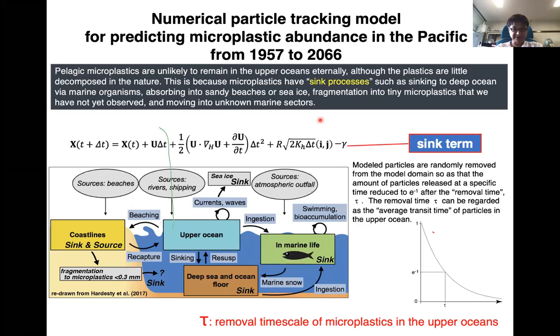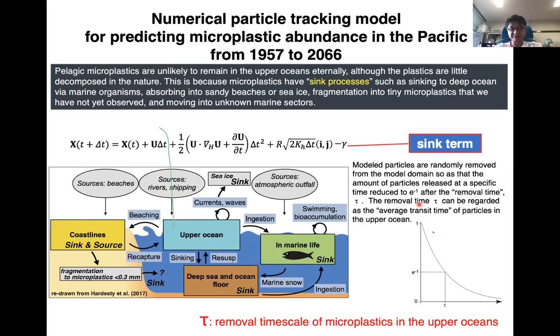So the sink term means the removal process of the microplastic by settling down by falling, or absorbing into the sandy beaches, or fragmenting into tiny microplastics that we cannot observe and cannot model. All processes are included in the sink term.